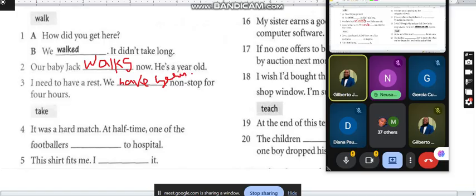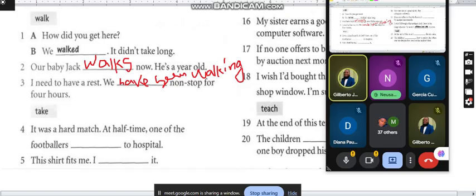So there should be we've been walking. Okay, we've been walking non-stop for 4 hours.